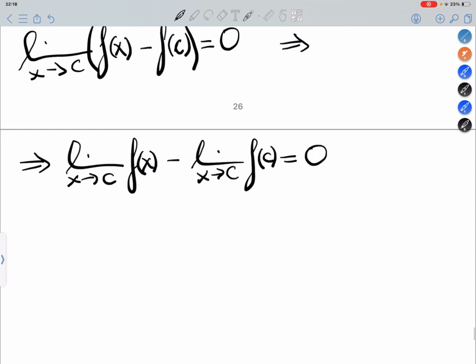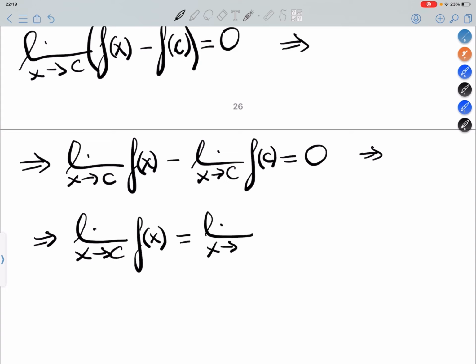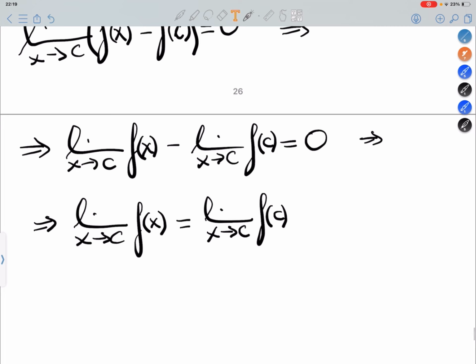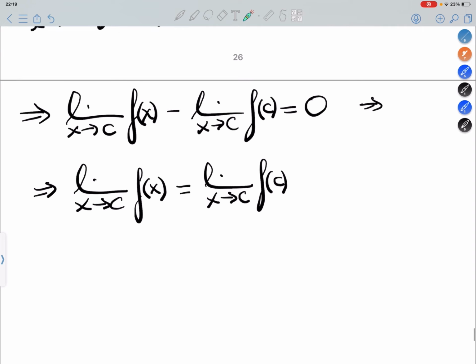Now if we bring this one to the right hand side, this implies that the limit as x tends to c of f of x is equal to the limit as x tends to c of f of c, and we know that this gives us f of c, because the limit as x tends to c of f of c is basically f of c, right?